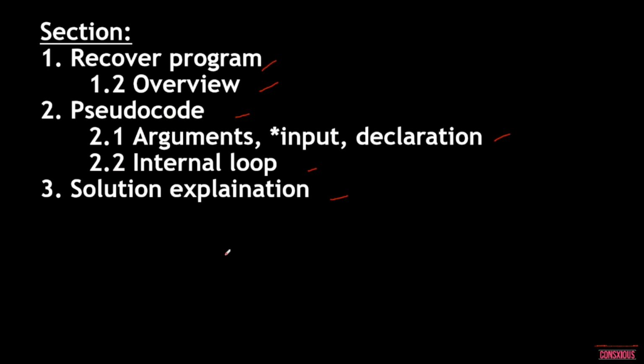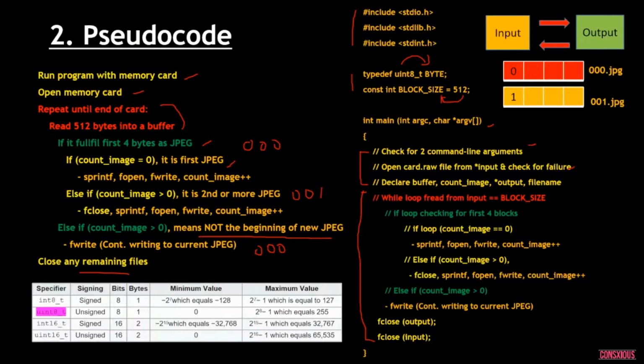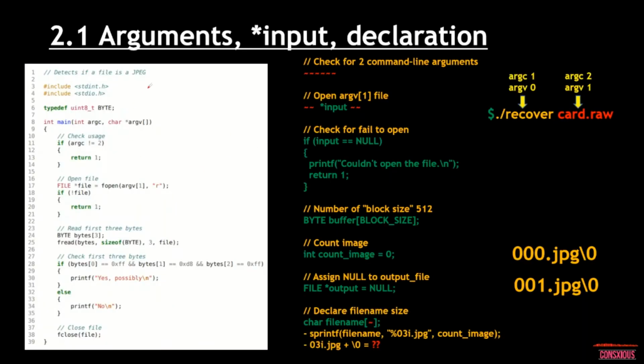Then comes the inner loop, the for loop, checking the first 4 bytes, and if they don't fulfill the JPEG header, for example continuing in 001. So this is the first portion.